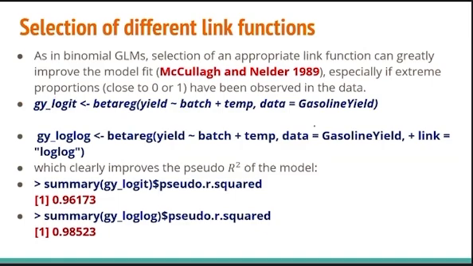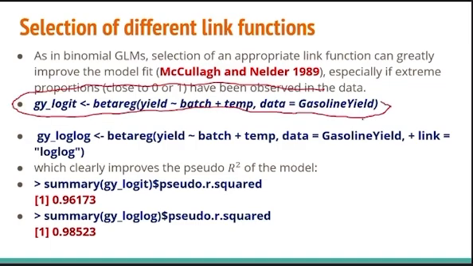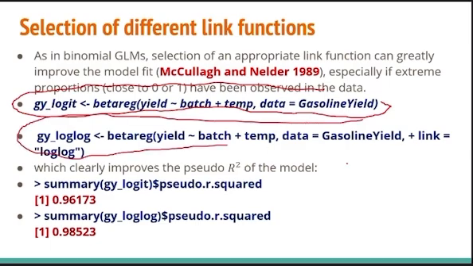Now, I also want to talk about the choice of link function. I told you the other time, when you change the link function, you change the functional relationship. Now, instead of using just logit, I use the complementary log. Let me tell you this.